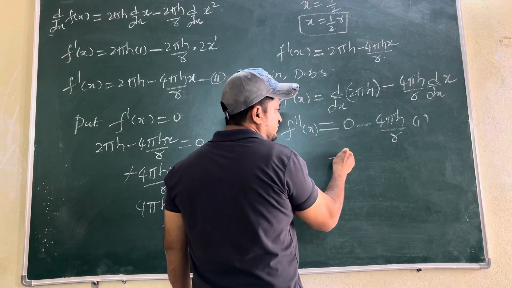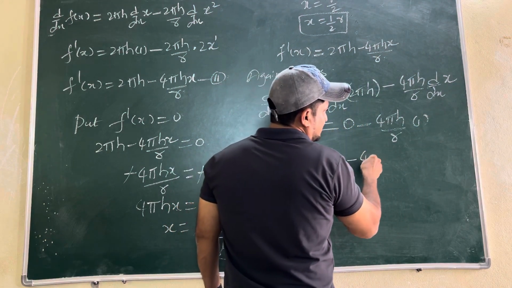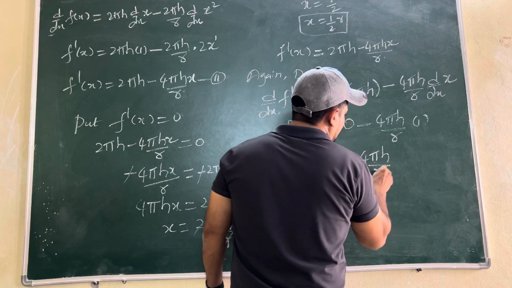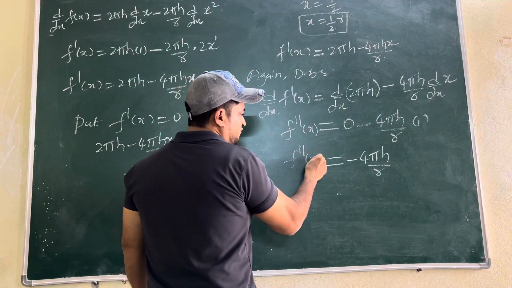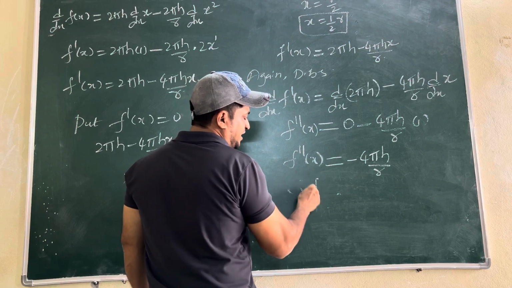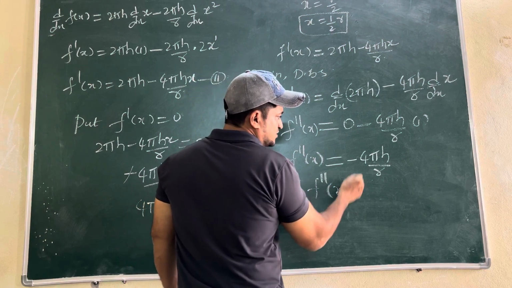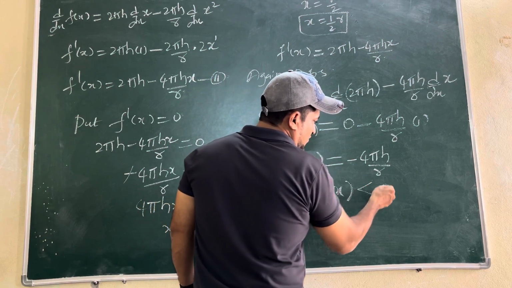So what is the value of f double dash of x we got? Minus 4 pi h by r. This is f double dash of x. Therefore f double dash of x is negative, less than 0.